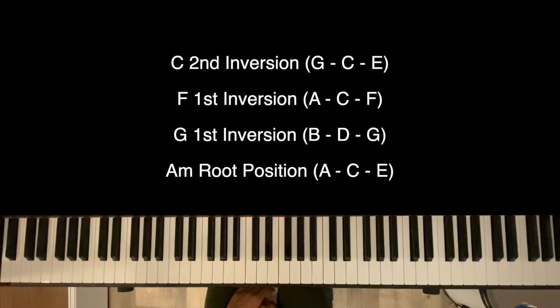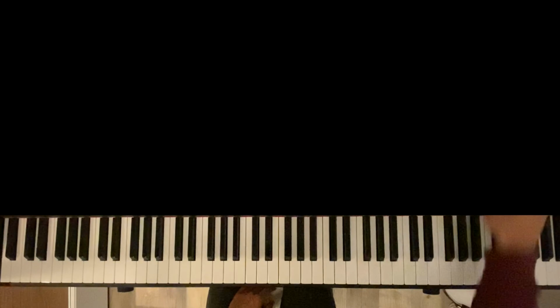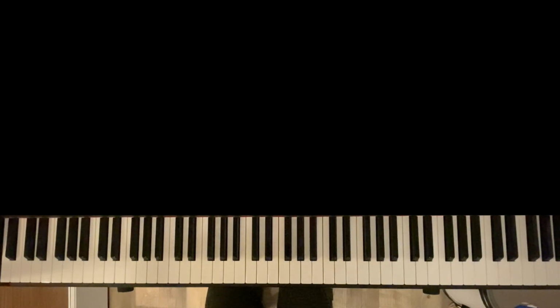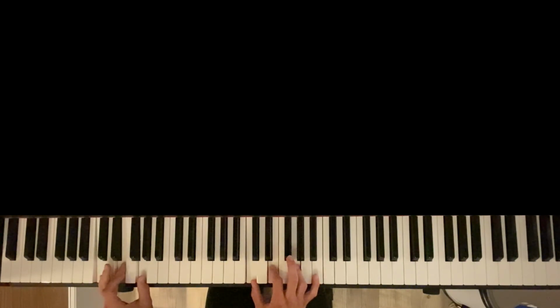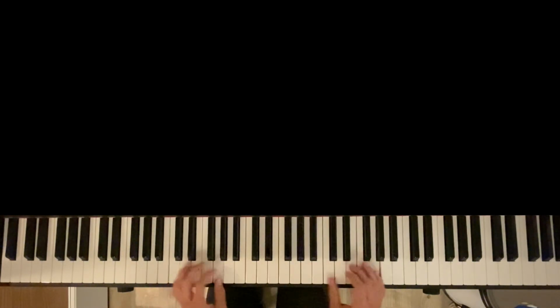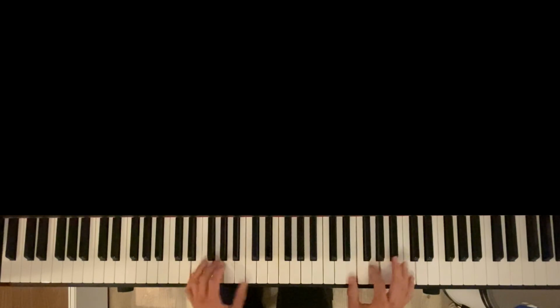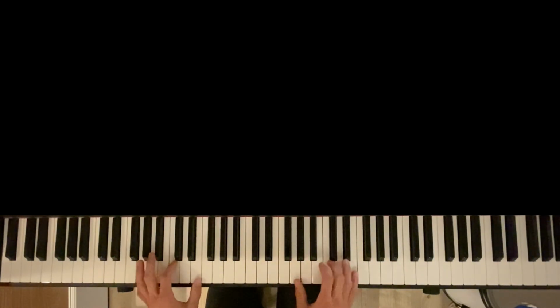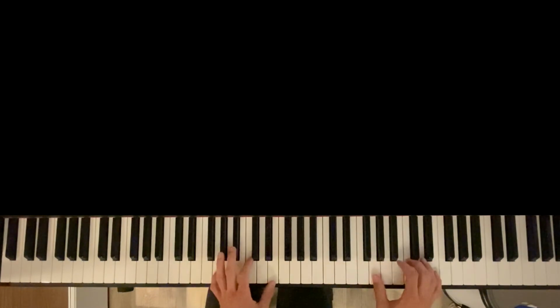Now that you have that down, what exercise could you do? So one exercise that would be helpful is taking a chord like C major. You got your right hand down, now use your left hand. Play the inversions like this. See if you can follow me using your wrist action.